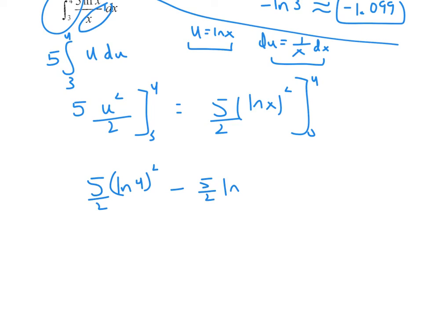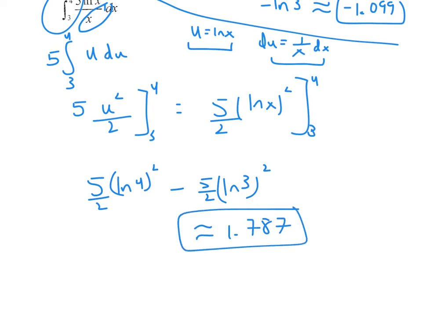And just a reminder that that's not a 0, that's a 3. Sorry, that's the ln of 3. Can't read my own handwriting. Okay, so then if you plug that all into your graphing calculator, you get approximately 1.787. Okay, so hopefully that is what you got.